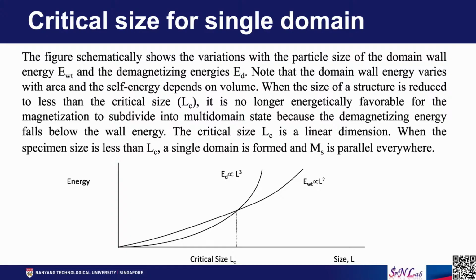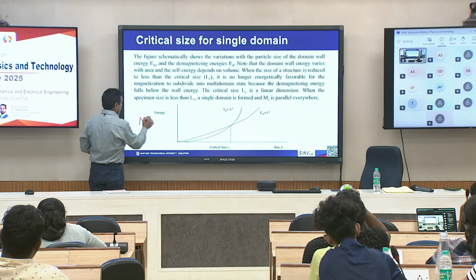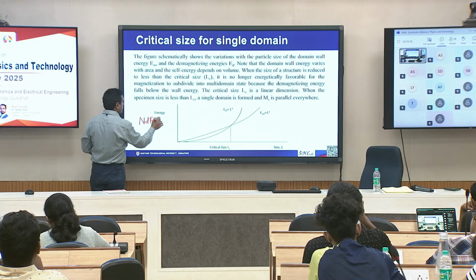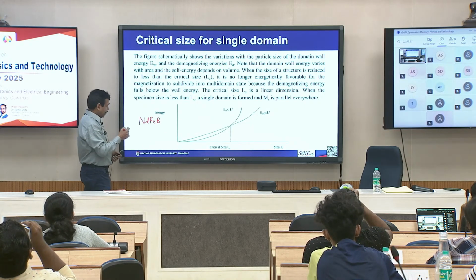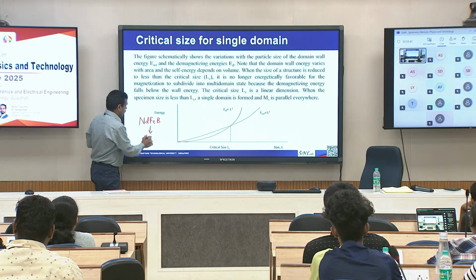Okay. The next question is whether a system will always form domains or not. I gave you the example of a neodymium iron boron magnet, and I told you that here we will form domains.